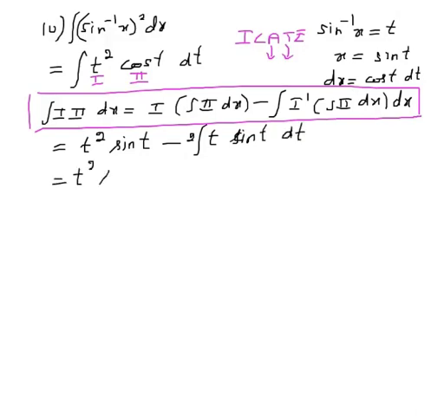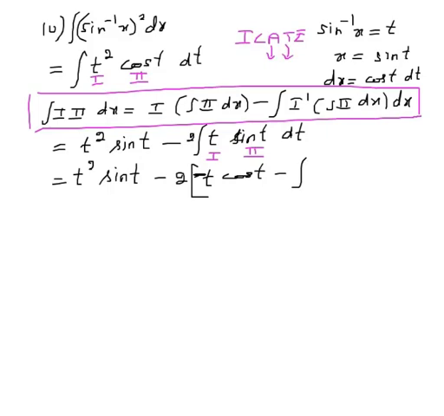We have to use by parts method again. But in the first step we had t square. Now we have only t. The power has been reduced. Algebraic function is the first function and sin t is the second function. 2 times first function into integral of the second function. Integral of sin is minus cos t, minus integral.